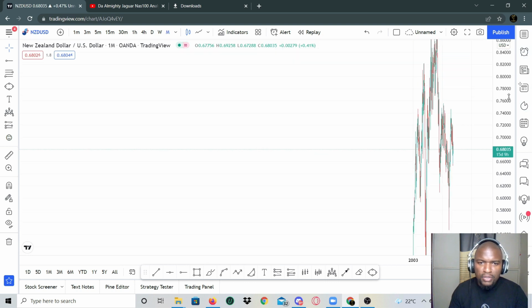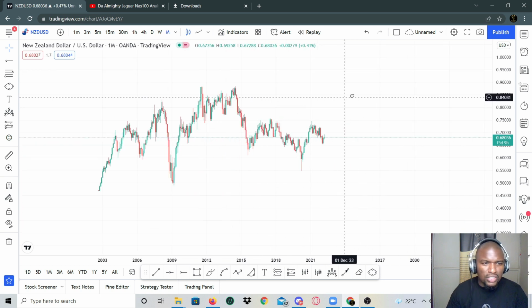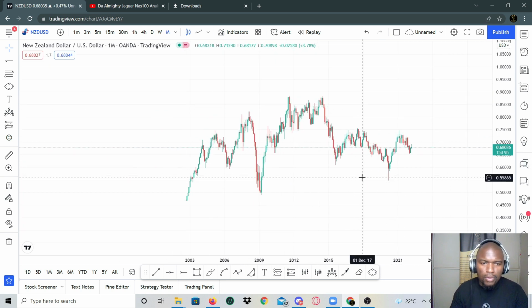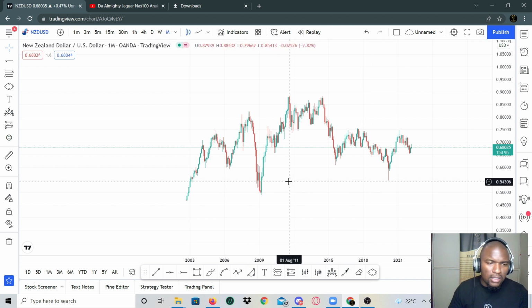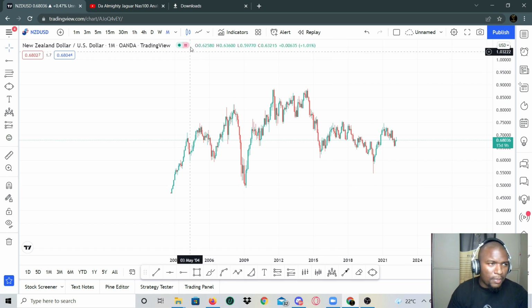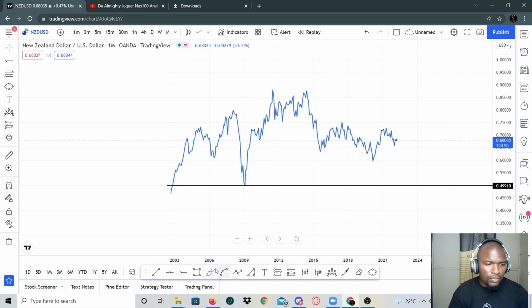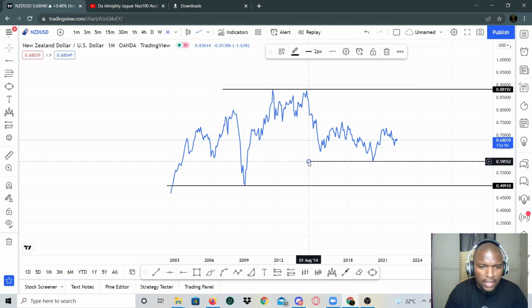So at this particular moment, NZD USD, guys, is also looking beautiful for buying opportunities, but we just want to check it also. So from these levels on NZD USD, we also mark our lowest low, and we also mark our nearest low right here.